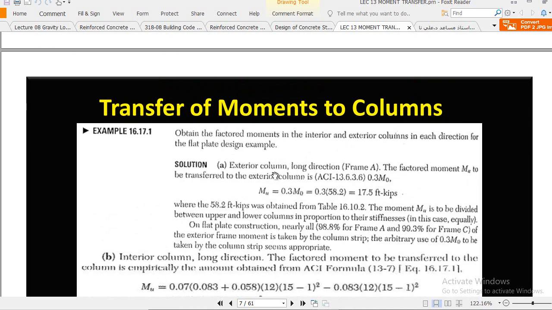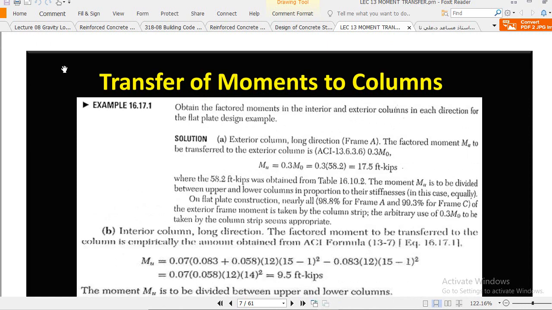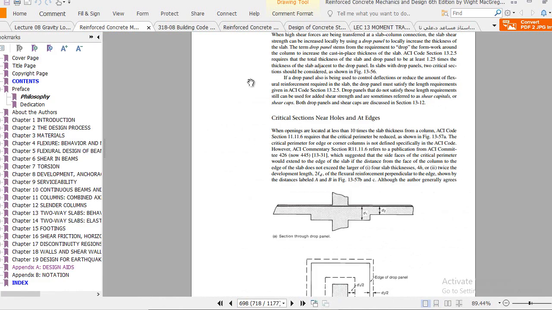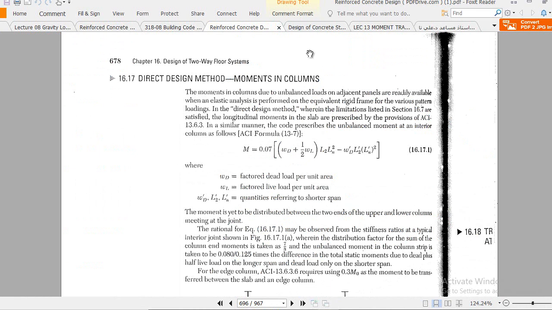Let me show you that equation. I write this equation.